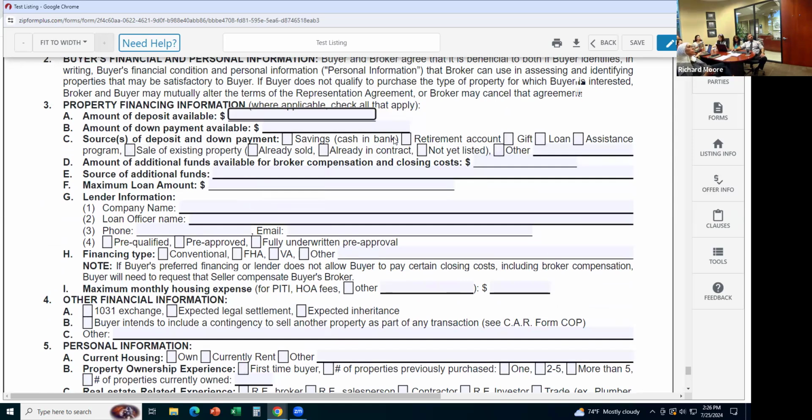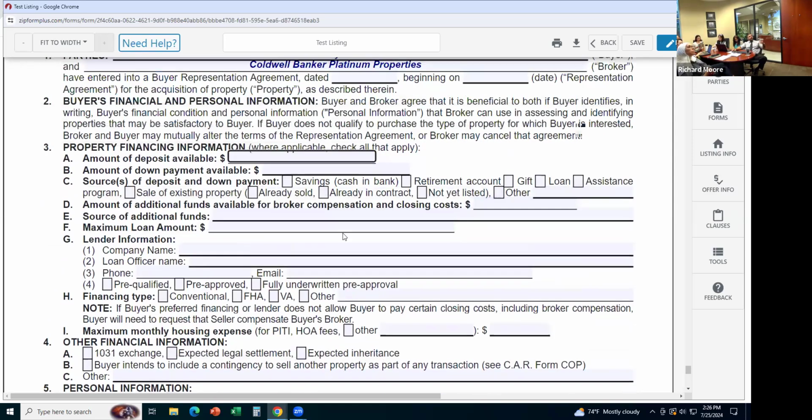It's not mandatory, again, but maybe it gives you a better idea of who the loan officer is, and it's just information you have, right? What's their deposit, what's their down payment? Are they sending you a bank statement from their savings, from their checking, retirement, wherever?